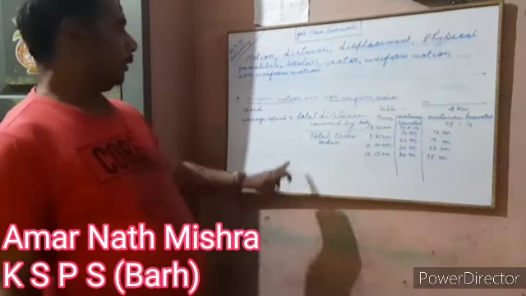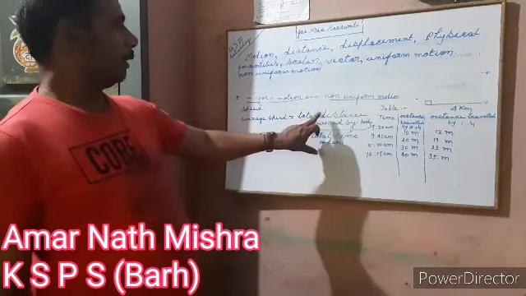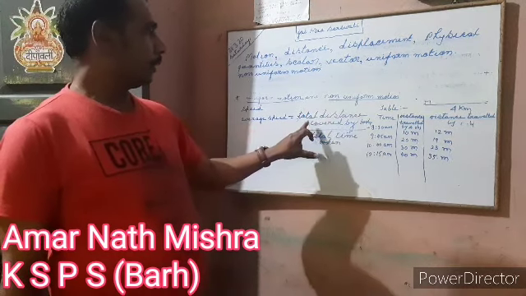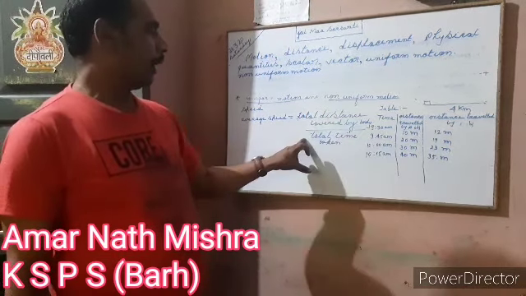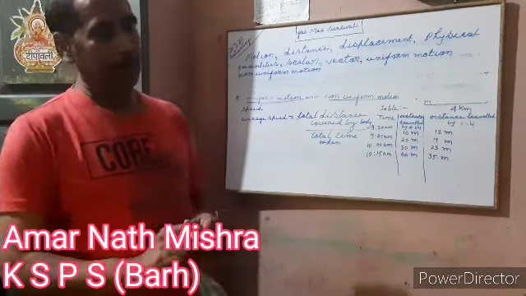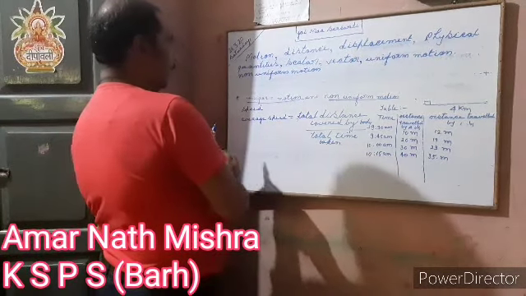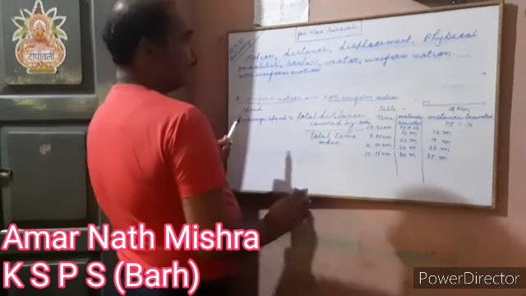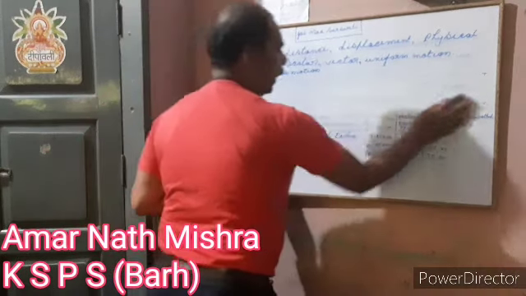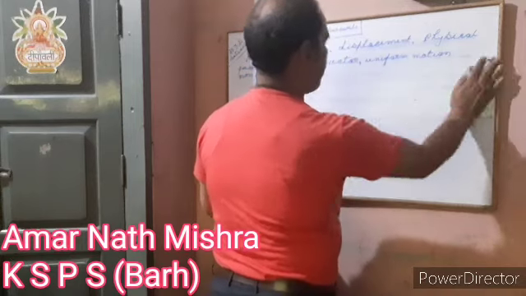So these are important. So here is the term total distance covered by a body and total time taken. Now, related to this, we have learned speed and average speed.